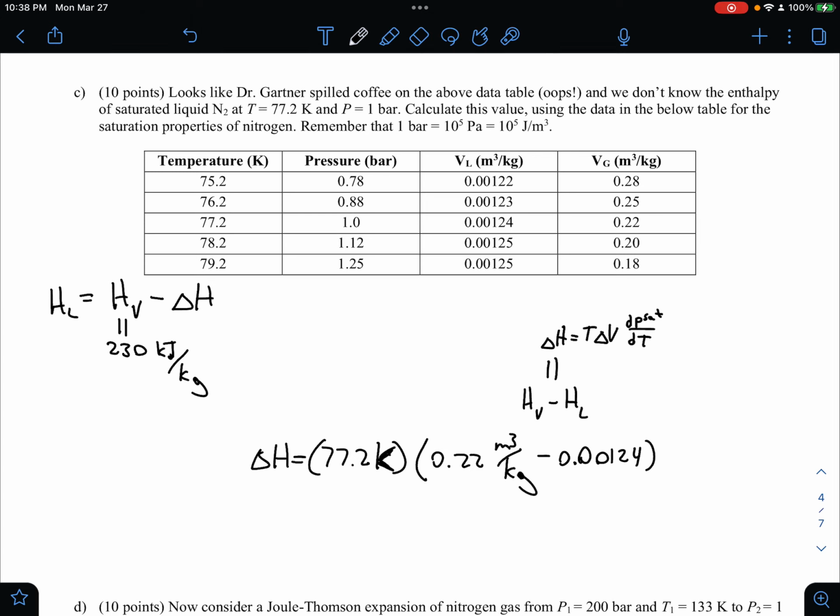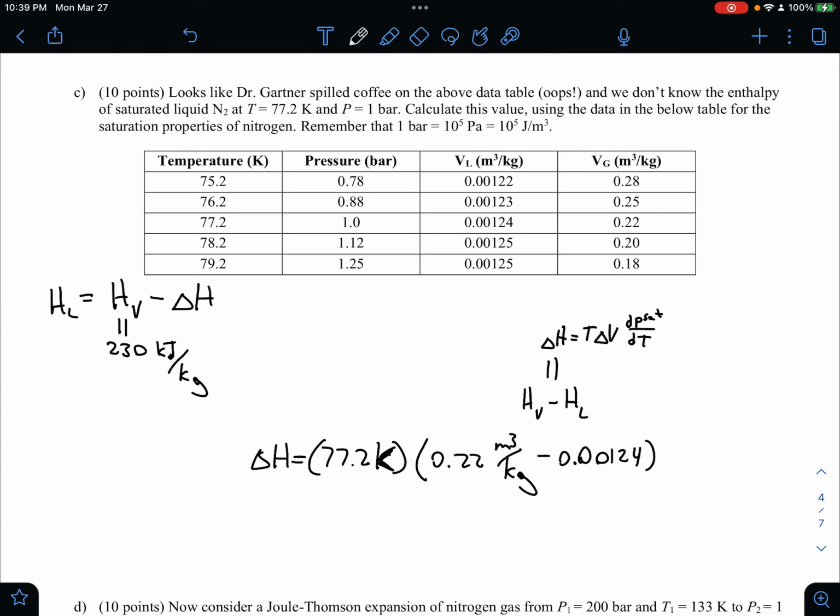So we're going to approximate dP/dT as being, now by the way, we're probably going to have to do a unit conversion here because our other units are in meters cubed Kelvin. So I think we're going to have to convert from bar to Pascal. Oh, okay, it's just a 10 to the 5th, it's given here.